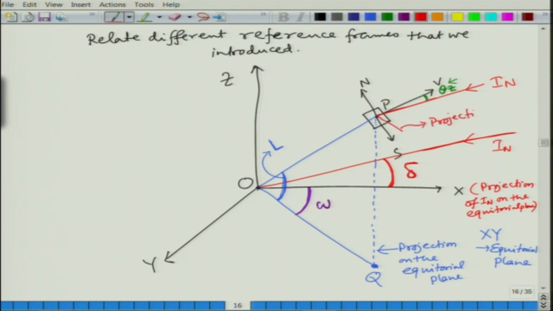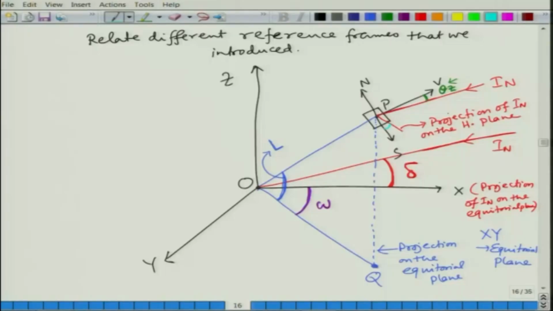Whatever angle that projection makes with the south direction, what is that? You know that, right? Please think and find out that angle before you proceed. Let me now tell you the angle is the solar azimuth angle, AZ.